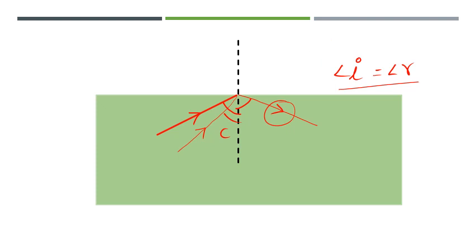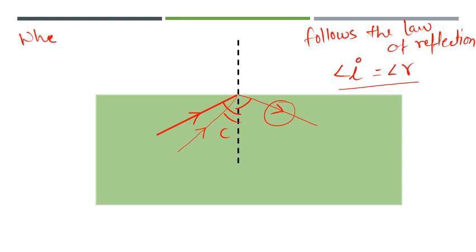So it follows the law of reflection, right? So this is called total internal reflection. So we can define total internal reflection as when the ray of light traveling from denser medium to rarer medium reflects back in the same medium, it's called total internal reflection.